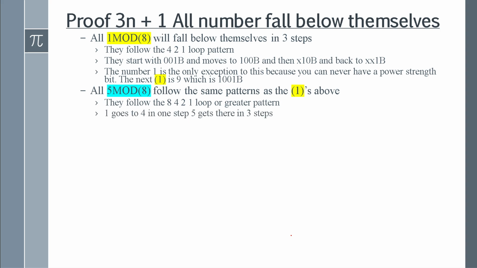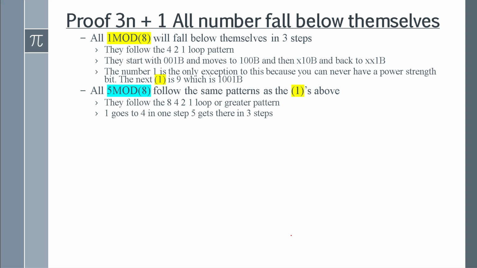So every 1 mod 8 has a 3 mod 8 that can get to the same place in 2 extra steps. So 1 goes to 4 in 1 step. 5 gets you to 4 in 3 steps.